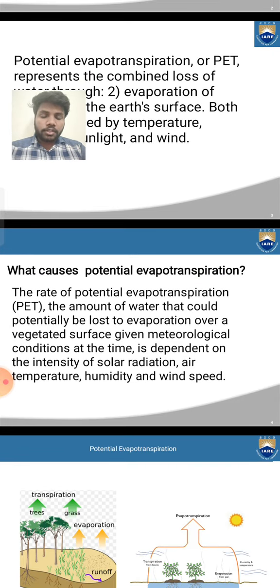Now let us know what causes potential evapotranspiration. The rate of evapotranspiration, PET, is nothing but the amount of water that could potentially be lost to evaporation from a vegetated surface, given meteorological conditions at the time. It is dependent on the intensity of solar radiation, air temperature, humidity, and wind speed.